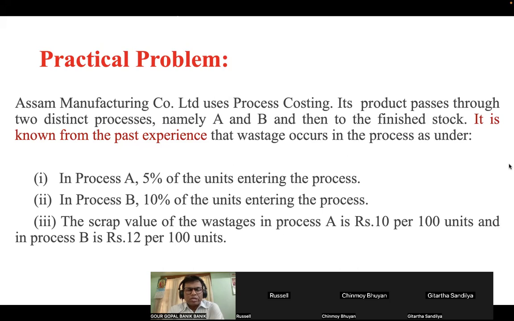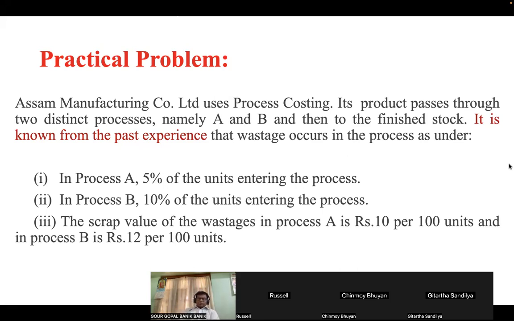Assam Manufacturing Company Limited uses process costing. Its products pass through two distinct processes, process A and process B, and then go to finished stock, meaning final. It is known from past experience that wastages occur in the following processes.